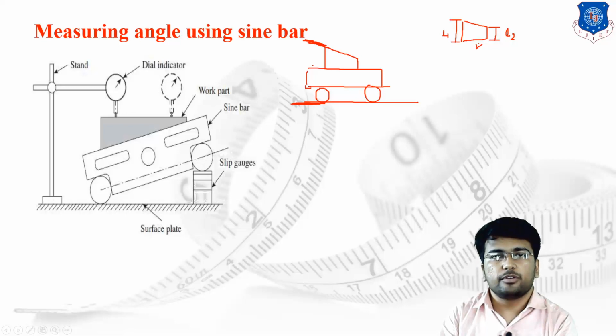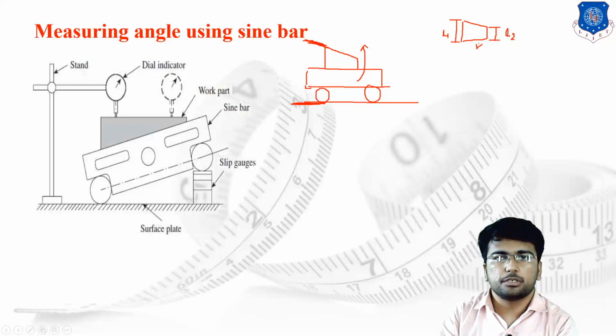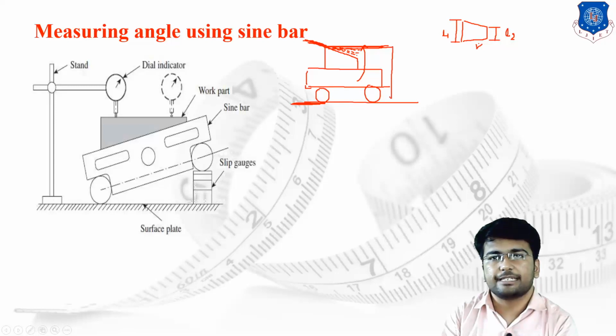It is basic knowledge that if I lift this particular edge, this surface will move upward, and once it achieves the horizontal condition, I can say that this line and this line are parallel to each other.